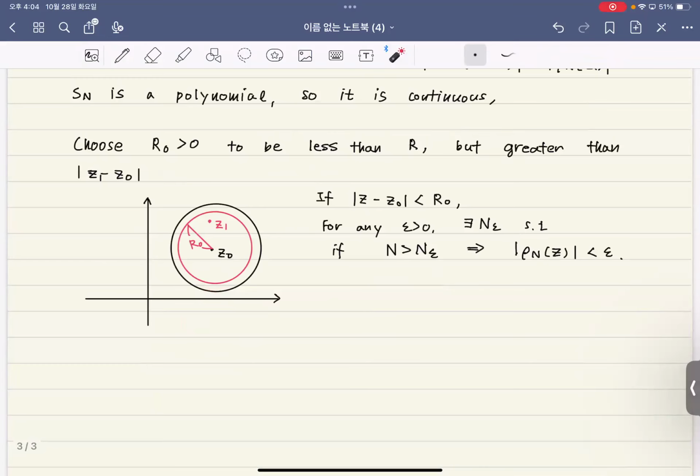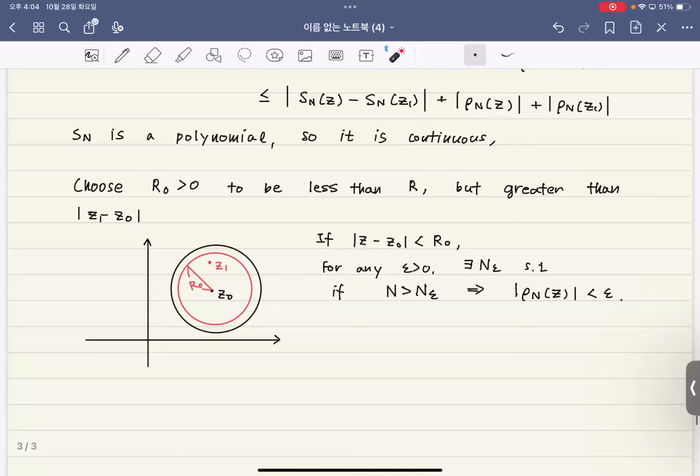Okay, good. Now I want to use the fact that Sn is polynomial, so therefore each must be continuous. And Sn is polynomial for all index n. So therefore, instead of choosing just any random index n here, I'm going to choose an index which is guaranteed to be greater than this number over here.